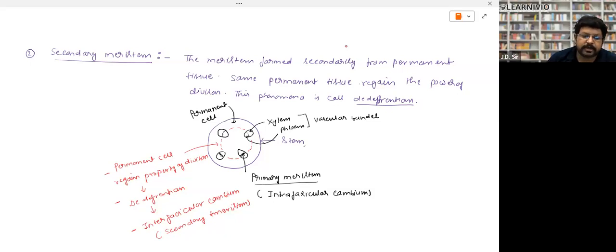Let me know after drawing this diagram, and then I will start with the permanent tissue.